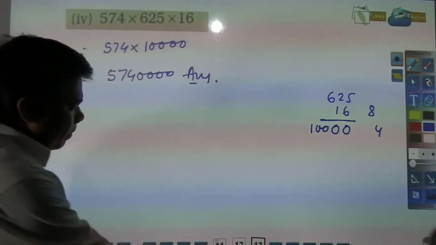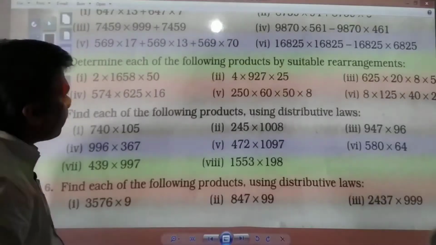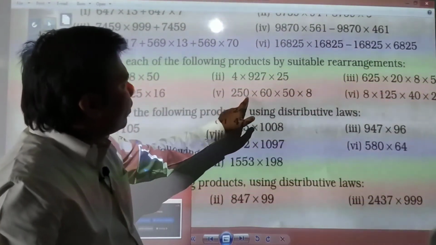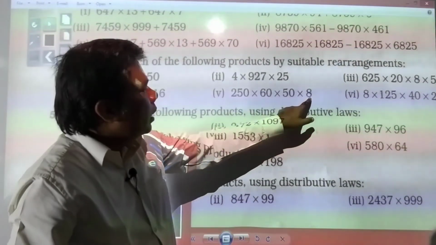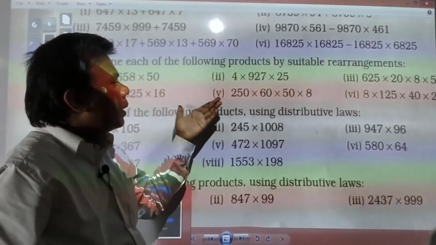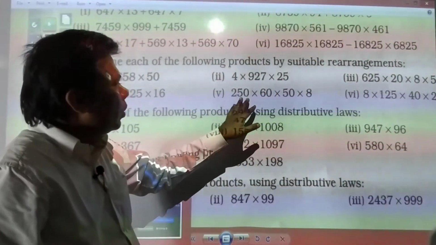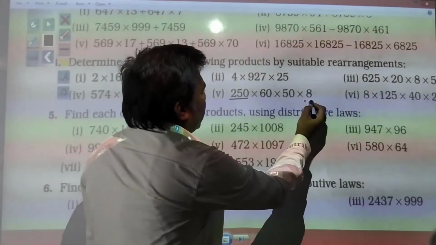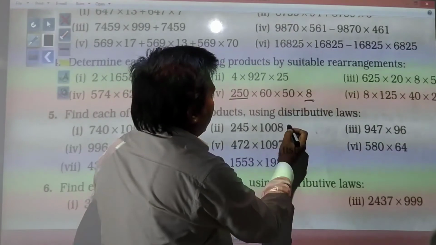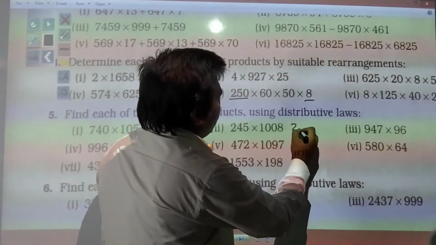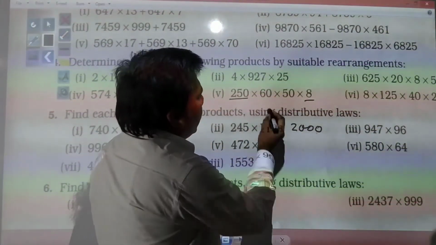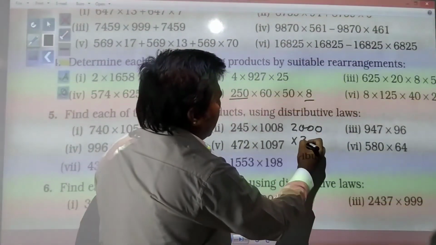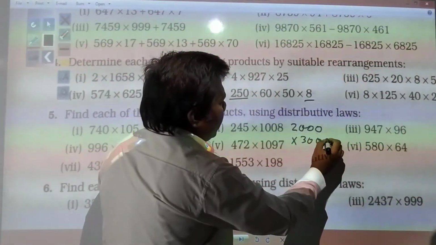Next you see, you have this one, 250 into 60 into 50 into 8. So I hope you must have understood how it is to be done. You will be able to do it. Here you see, 250 into 8 is 2000, and this will be into 6 fives are 30 and 2 zeros you will be having.